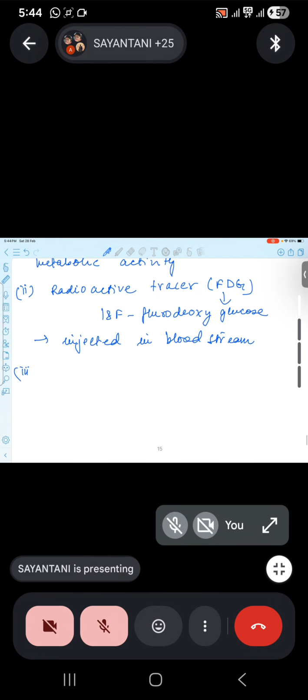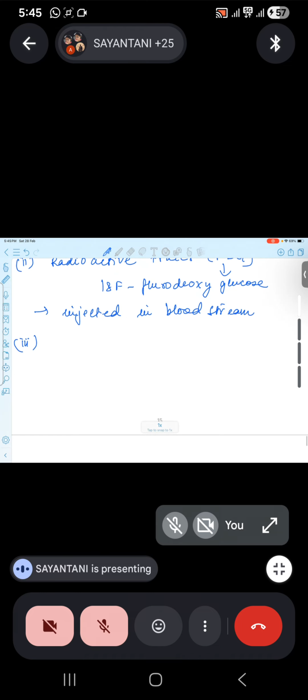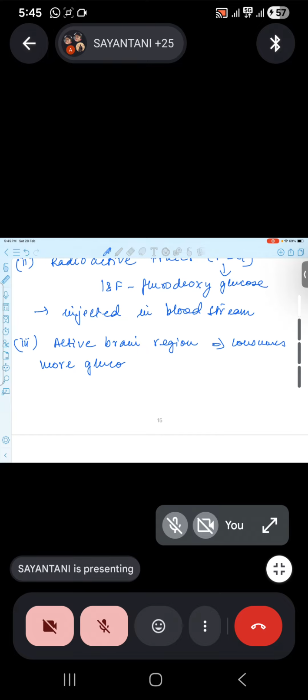After this, whichever brain region is active, we know it consumes more glucose because it needs energy, right? And once you have injected this fluorodeoxyglucose, the brain cells start absorbing this FDG, because they need a lot of glucose, right?